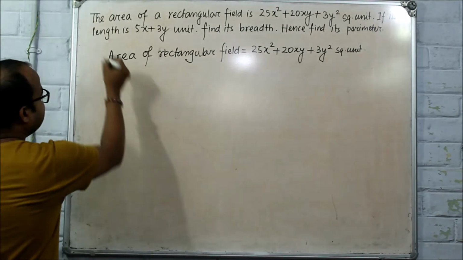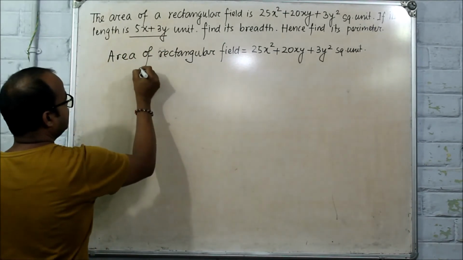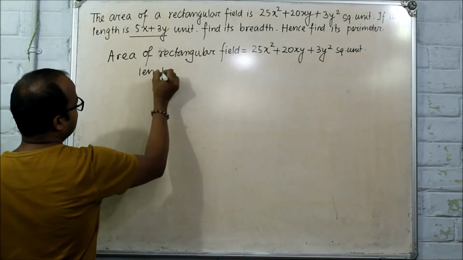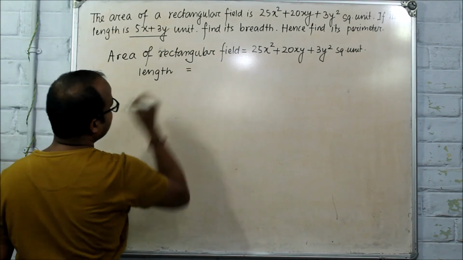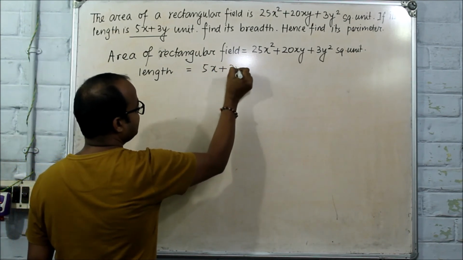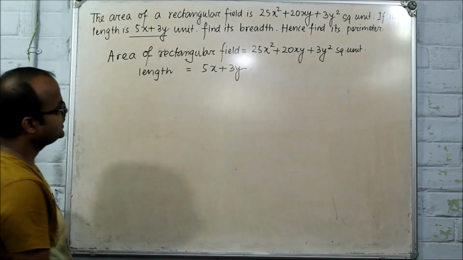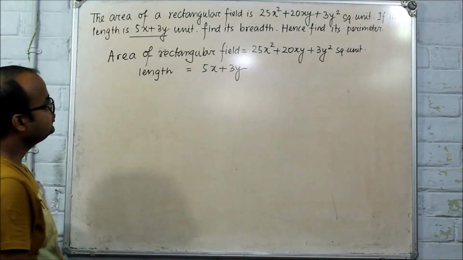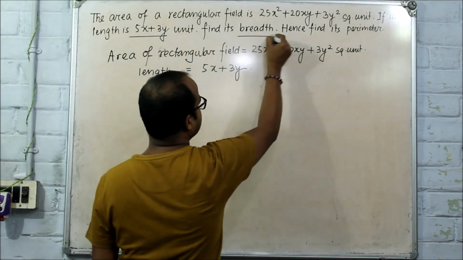And if the length of the rectangular field is given as 5x plus 3y, we have to find its breadth.